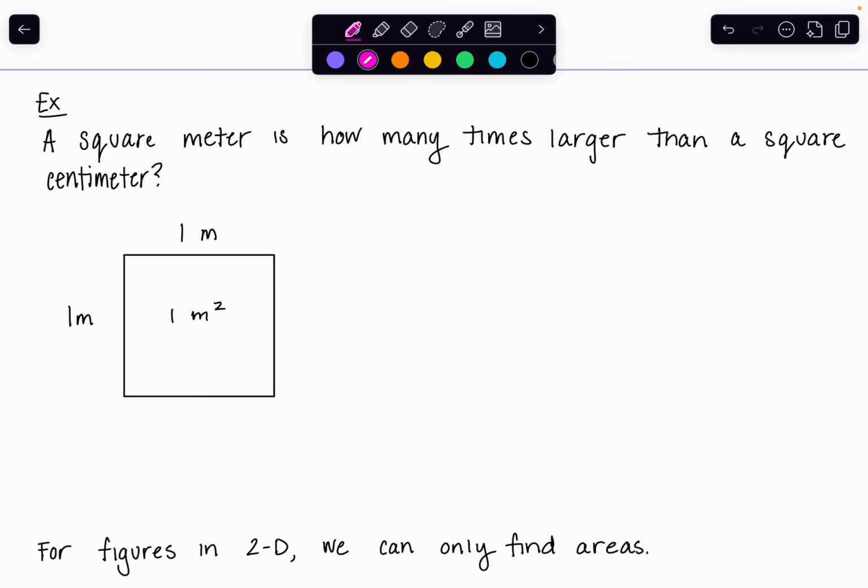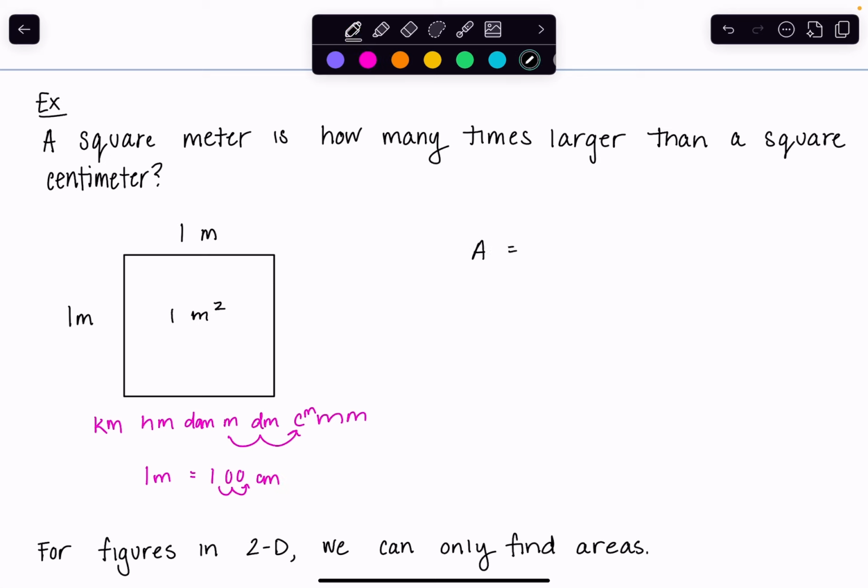So running through my phrase, King Henry died by drinking chocolate milk, adding in that A here, and my unit is meters. To get from meters to centimeters, you're moving that decimal 2 spaces to the right. So 1 meter, moving that 2 to the right, is 100 centimeters.